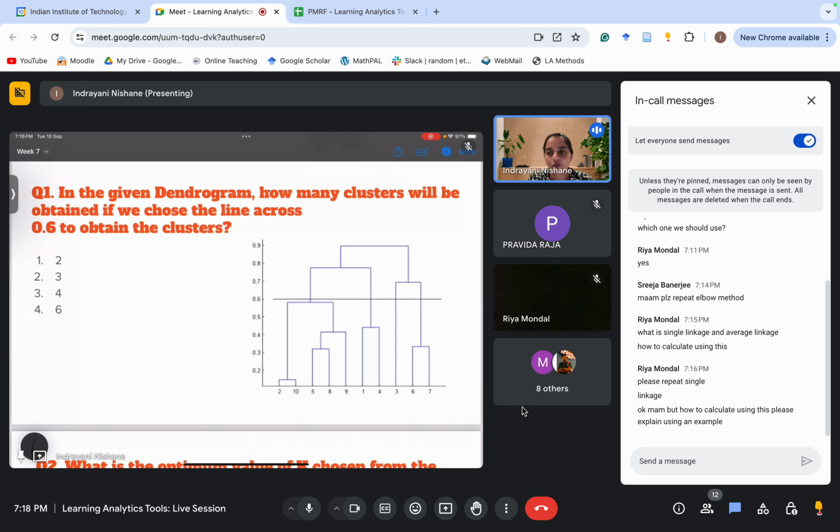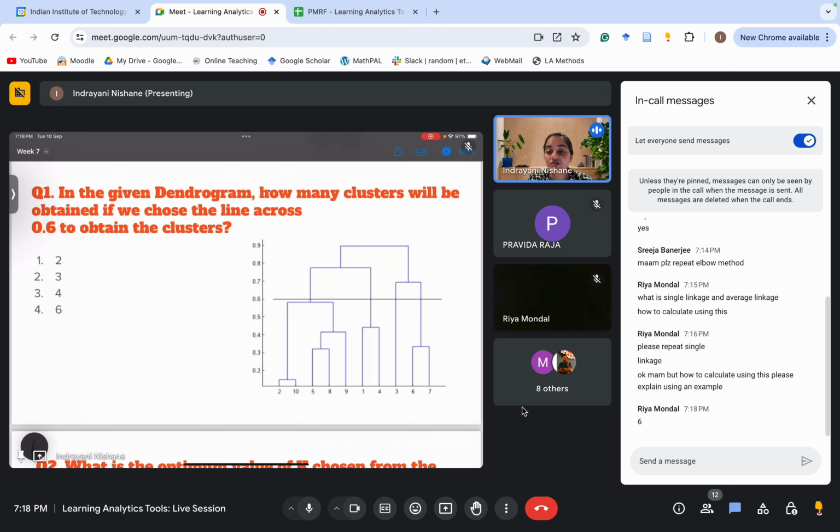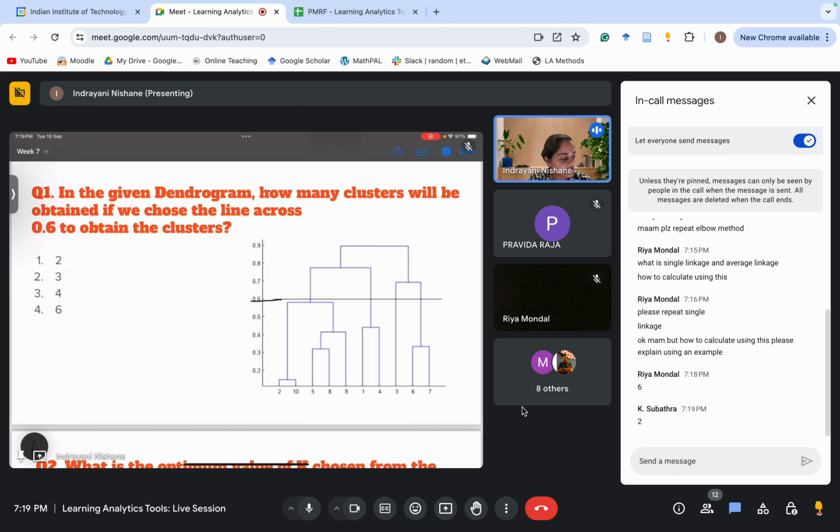Now in this particular question, the asked question is, in this given dendrogram, how many clusters will be obtained if we choose the line across 0.6? So here this is our threshold. At this point, the number of clusters will be considered as our final number of clusters. So this is the question: at this particular point, how many clusters are getting formed?